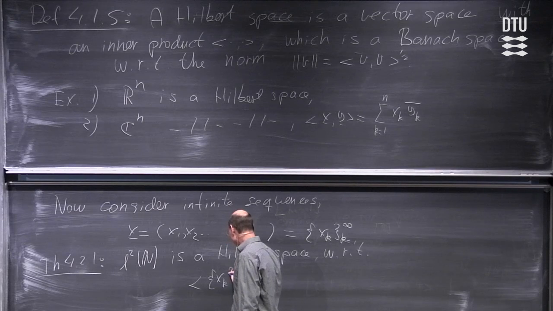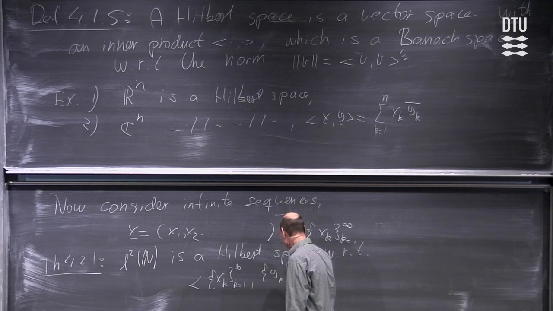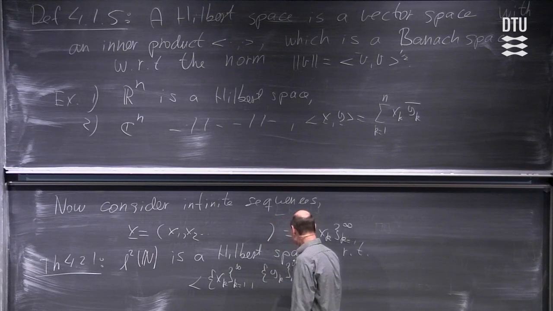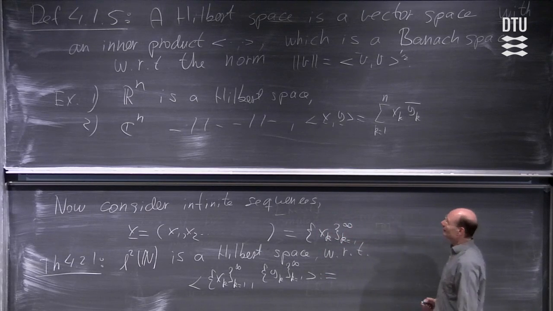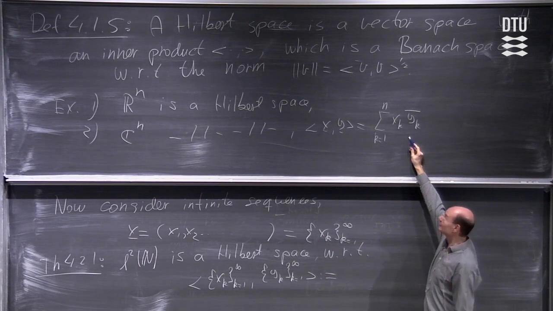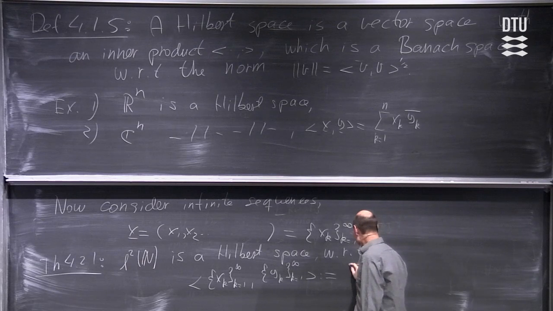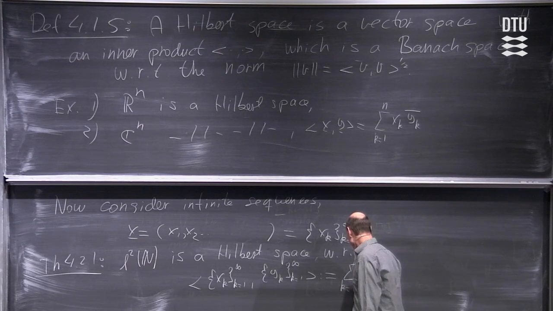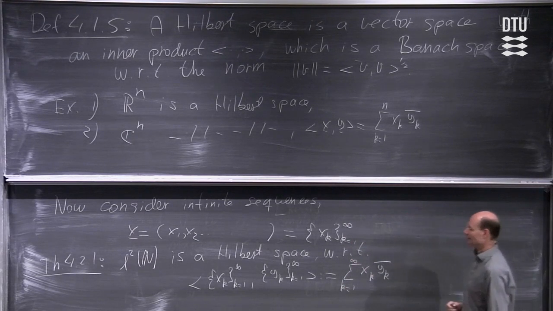So the inner product between a sequence x_k, k from 1 to infinity, and y_k, k from 1 to infinity, this is something we will define exactly like what we did here, except that now we take a sum from k equals 1 to infinity. So this is the sum, k equal to 1 to infinity, of x_k times y_k complex conjugated.